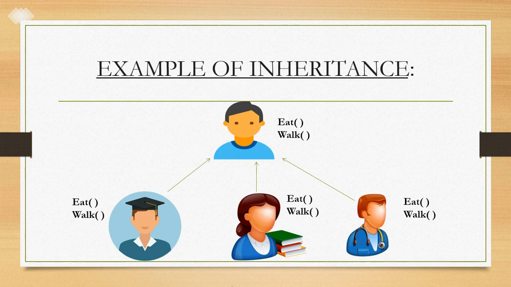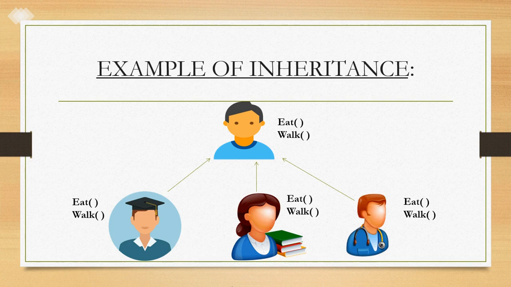For example, here is a person. Let's say a person has the behaviors of eat and walk, right? Now we have a student, a teacher, and a doctor. So person is the main class, the parent class, and three classes extend it. These are subclasses: one is student, another is teacher, and the third one is doctor.